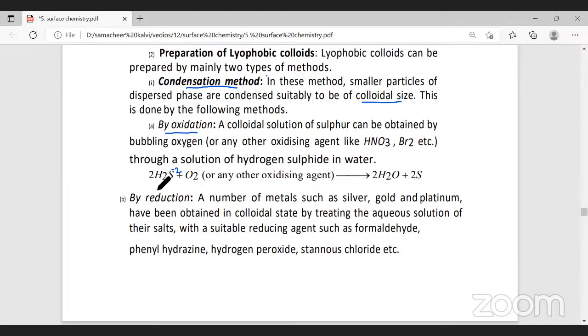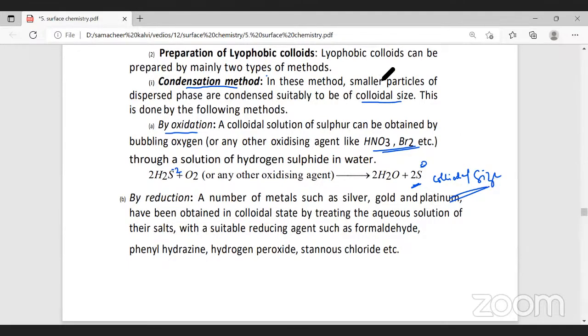If oxygen or any other oxidizing agent like nitric acid or bromine is allowed to react, this hydrogen sulfide gets oxidized to sulfur. The charge on sulfur is 0. This sulfur will be of colloidal size. The first method is by oxidation.